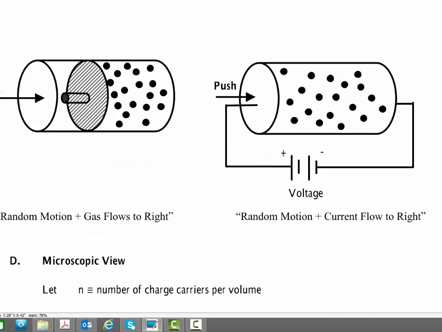In the gas model, you can think about a piston providing this force. And so, yes, they're still moving in many different directions, but there's a net component in the horizontal direction that the piston is pushing. So there's a net flow in that direction, or a net drift speed, if you would.